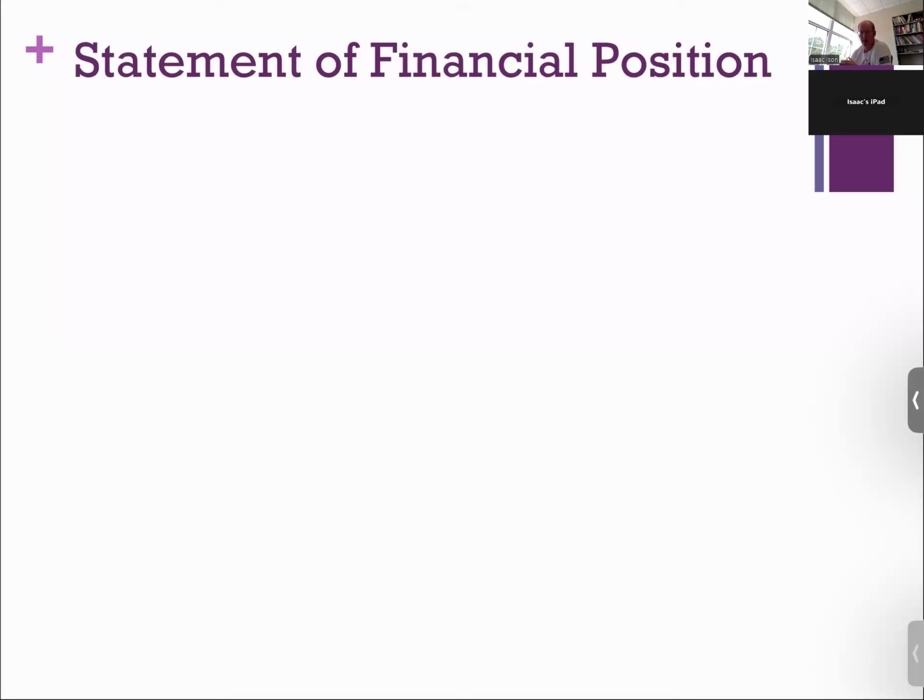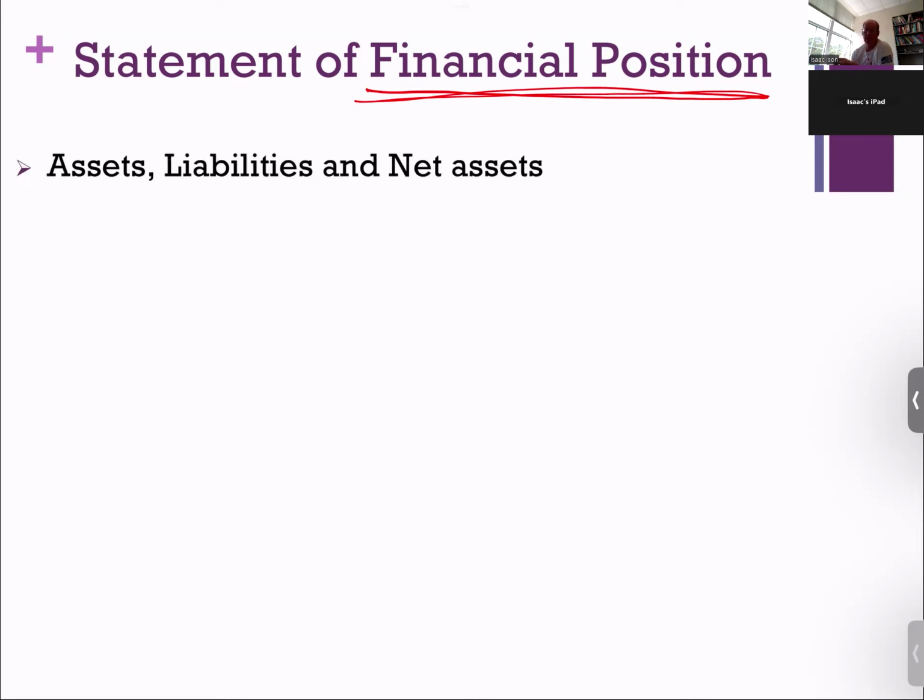Okay, so financial statements. How the financial statements are laid out is different, but as far as the actual financial statements, there isn't that much difference. So statement of financial position, just think of that as your balance sheet. Okay, so we're going to have assets, liabilities, and net assets, similar to a balance sheet for a for-profit entity.